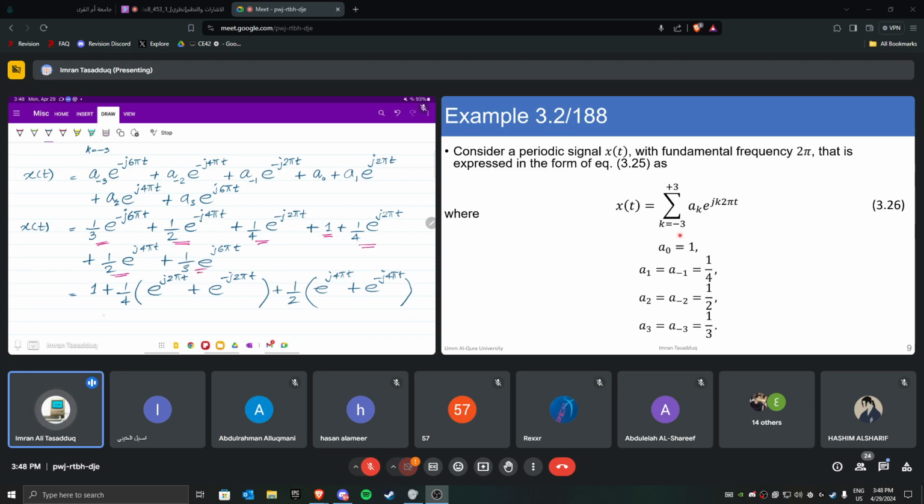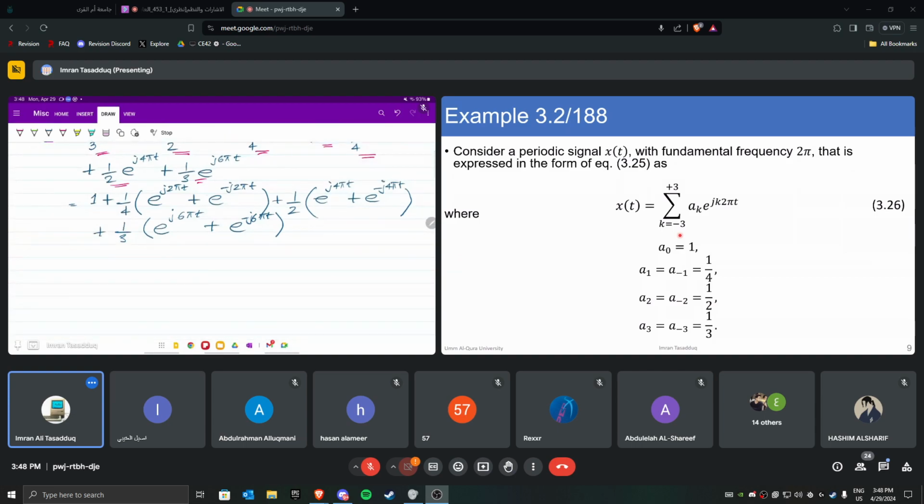So I can write it as plus 1 by 3, e to the power j 6 pi t plus e to the power minus j 6 pi t, bracket closed. Is it clear? Yes, very clear.